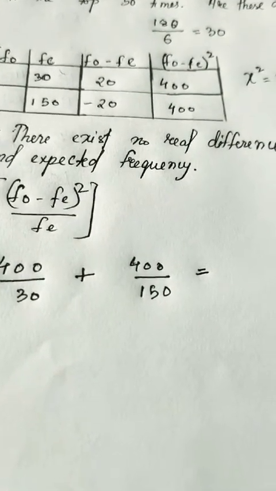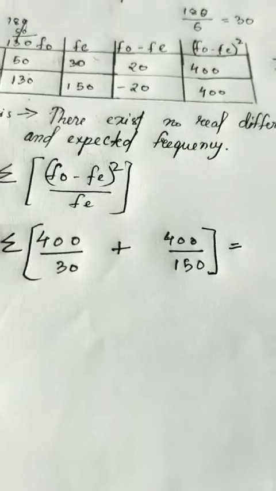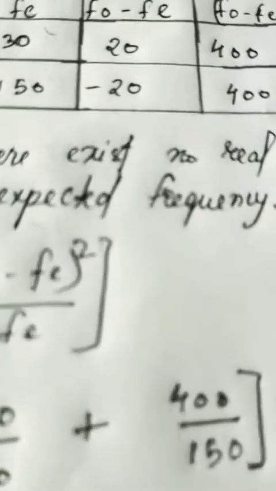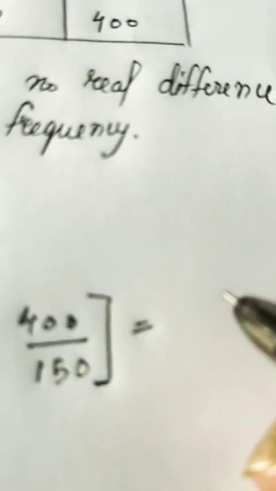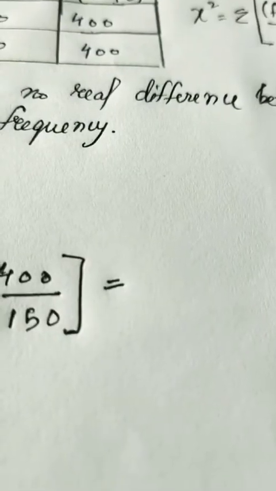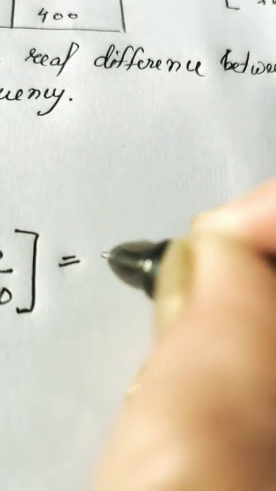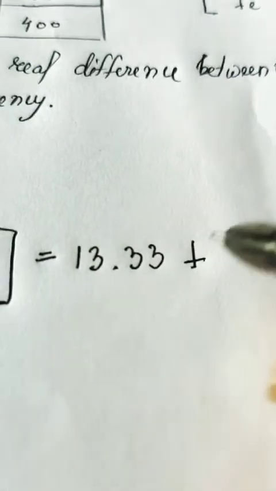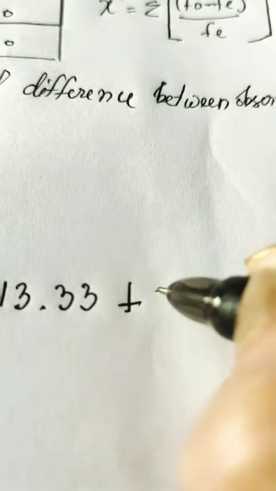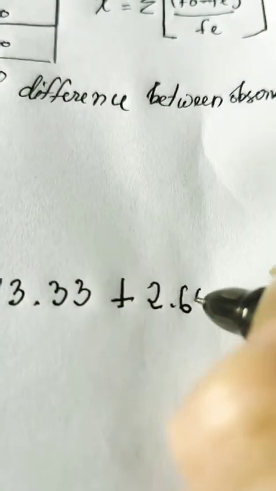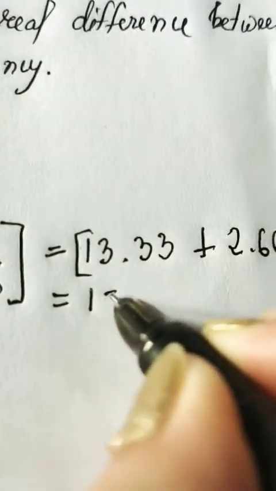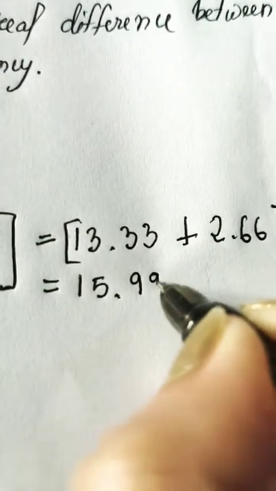So the result by using the calculator, we find that the value is 3 plus ... 15.996.